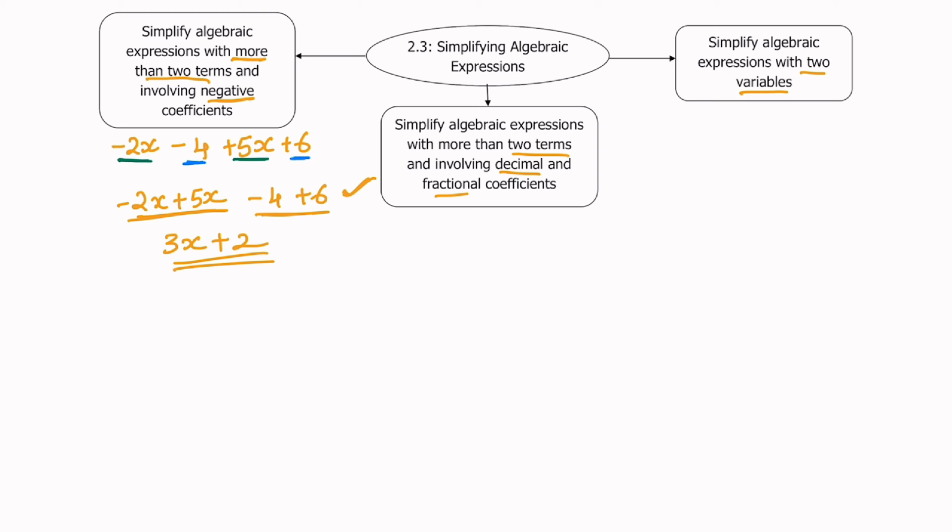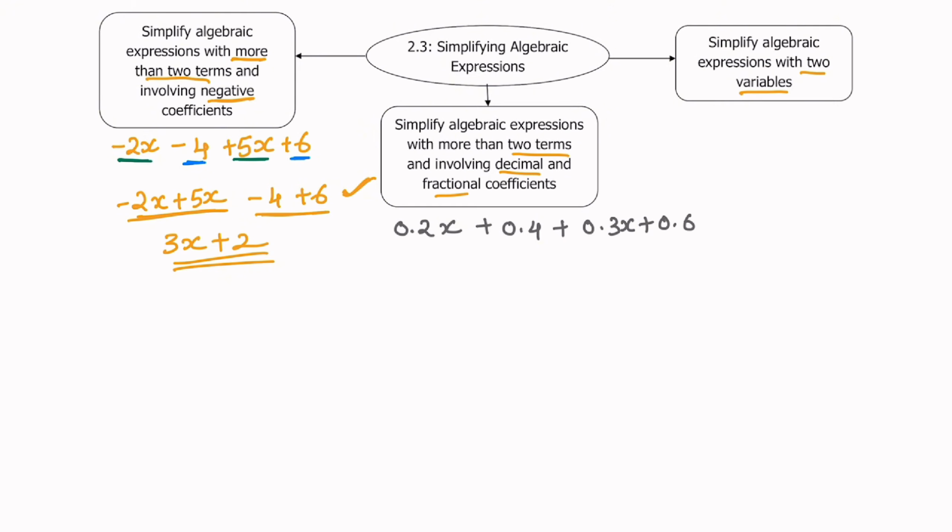Moving to the next one here. Simplify algebraic expressions with more than 2 terms and involving decimal and fractional. So as we did in the previous chapter, it's the same. And like here, we have 2 terms. So let's take an example. 0.2x plus 0.4 plus 0.3x plus 0.6, for instance.